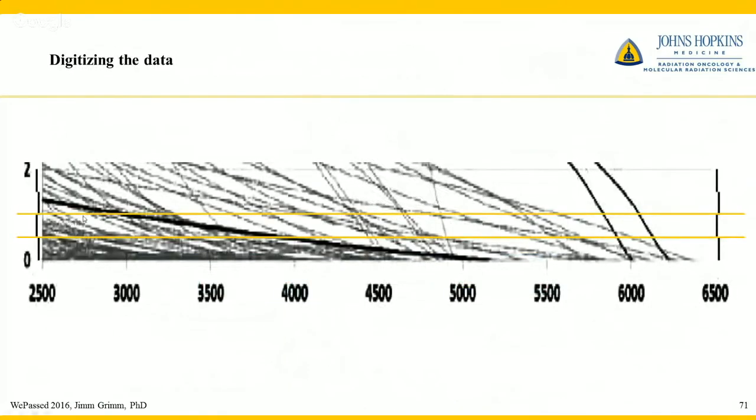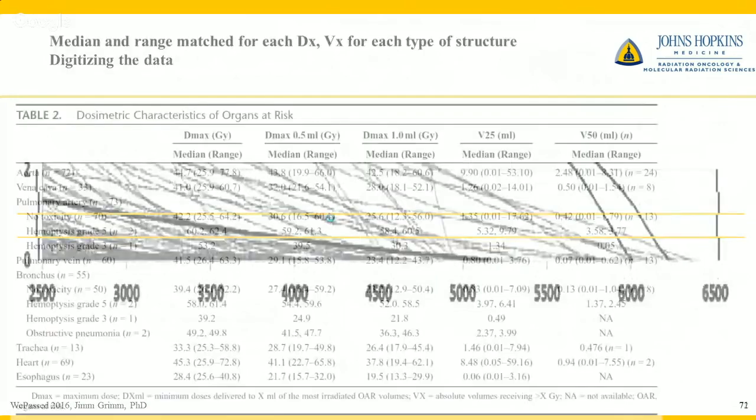So this is what I spend my life doing, zoom in on these figures and very carefully digitize for half a cc, for 1 cc, and I was able to do it up to 4 cc. So clicking on each of these points to extract the dose volume data.